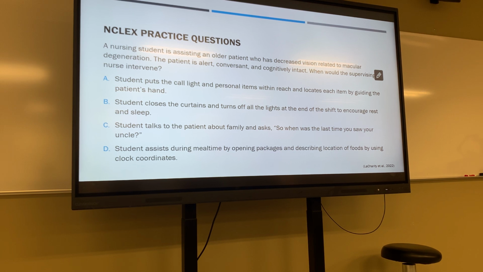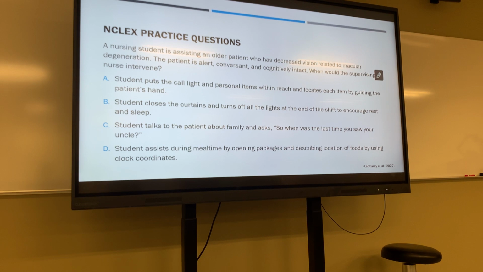Okay, so looking at B and C, student talks to patient about family and asks, so when was the last time you saw your uncle? Okay. Or student closes the curtains, turns off all the lights at the end of the shift to encourage rest and sleep. When you think priority, I just mentioned airway, breathing, circulation, and safety. So thinking of safety between B and C, what are you gonna think?